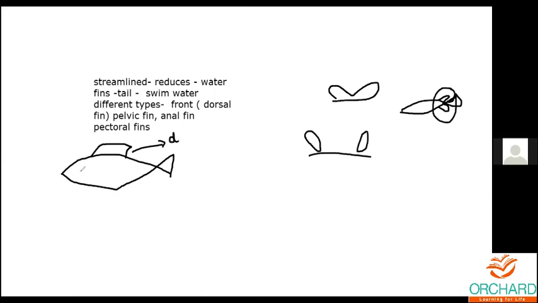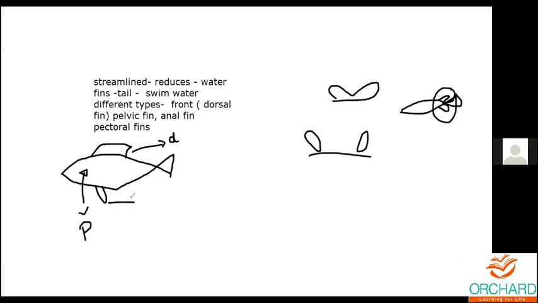And here, you will be having a fin. In some fishes, here you will have a fin. That area, you call the pectoral fins. And the second one, here you will also find one kind of fin.